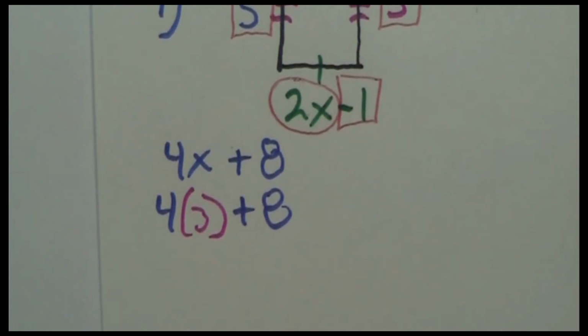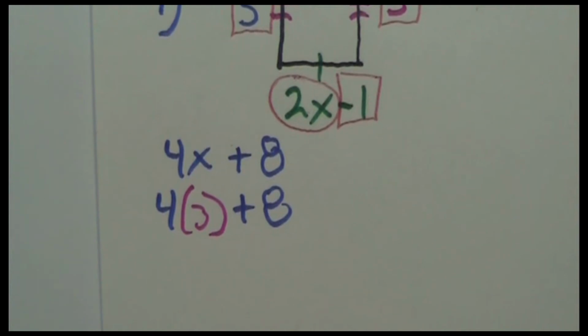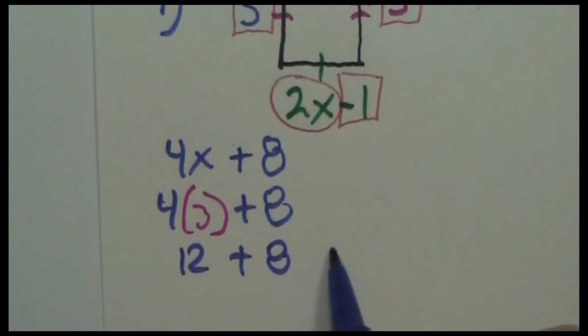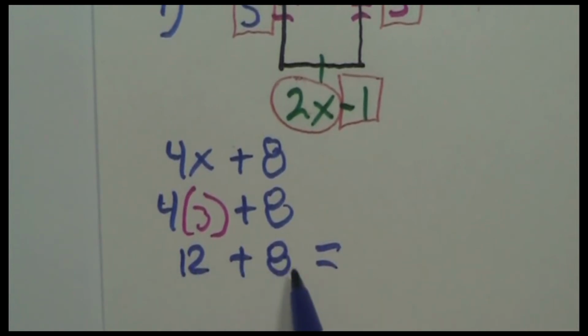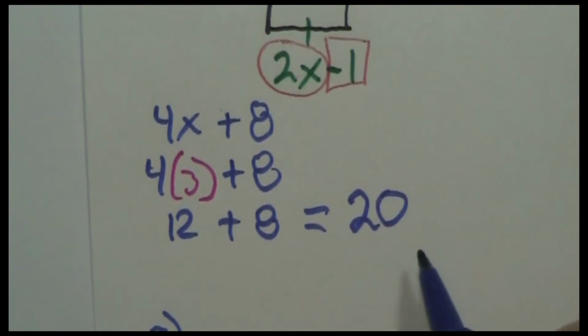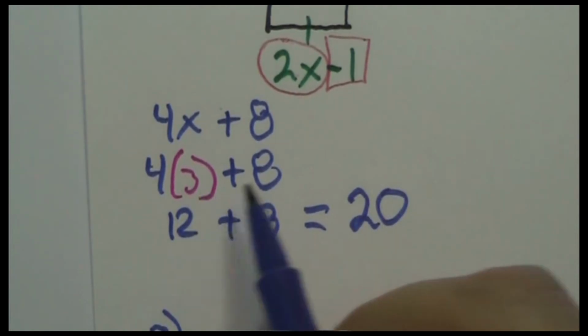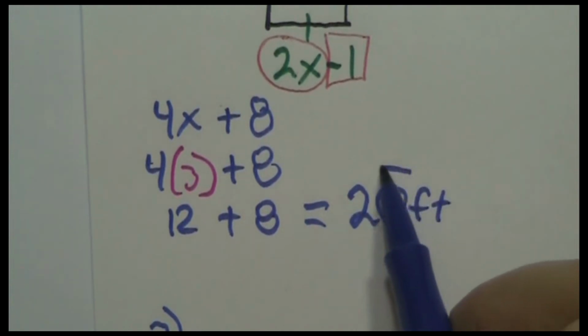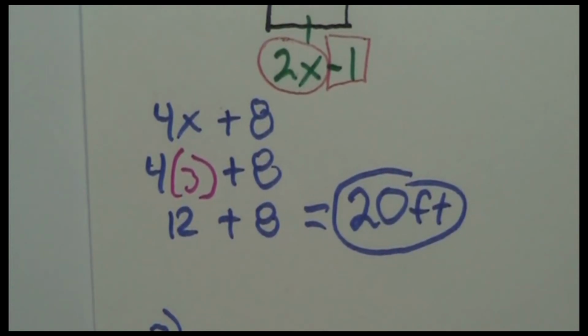So how much is that? That would give us 4 times 3 is 12. And 12 plus 8 is 20. And we said this is 3 feet, so this must be 20 feet. That's how long it is going around the entire perimeter.